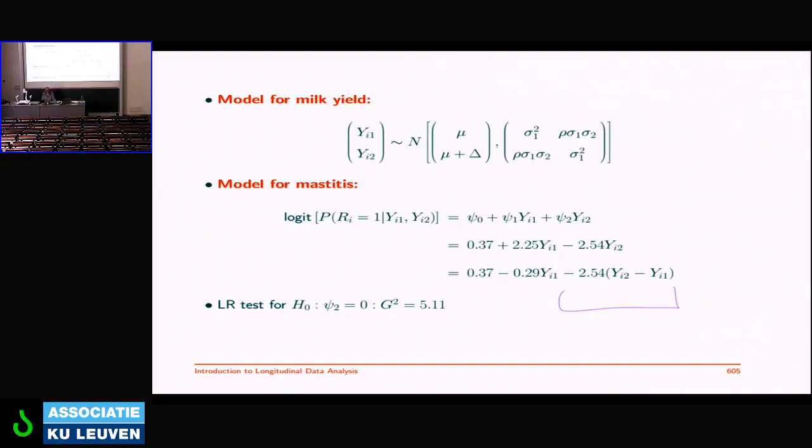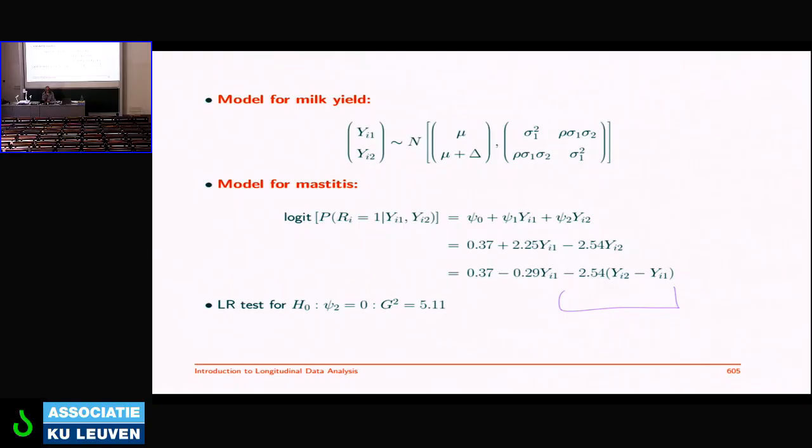But that's a little weird, because there is a lot of evidence, and really a lot of evidence, that mastitis is more prevalent in cows with a high milk yield. So what's going on here? It looks opposite. Well, first, remember what I said about y2 being completely missing.